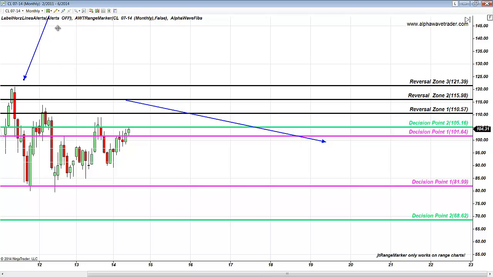From the reversal zone, oil collapsed and found the end of the minor trend. If you remember, it's exactly the same level that S&P respected on hourly. This is the most important level in the market structure because we always have a minor trend. We do not always have a major trend.